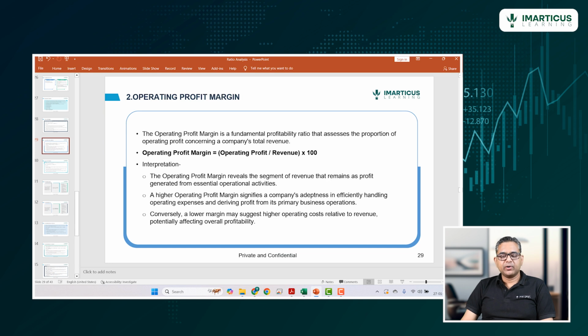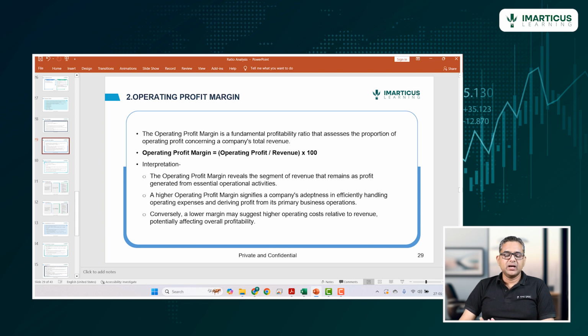Next, we have operating profit margin. It is a fundamental profitability ratio that assesses the proportion of operating profit concerning a company's total revenue. Operating profit margin is equal to operating profit upon revenue into 100. So, what is the operating profit we are able to generate from our revenues?